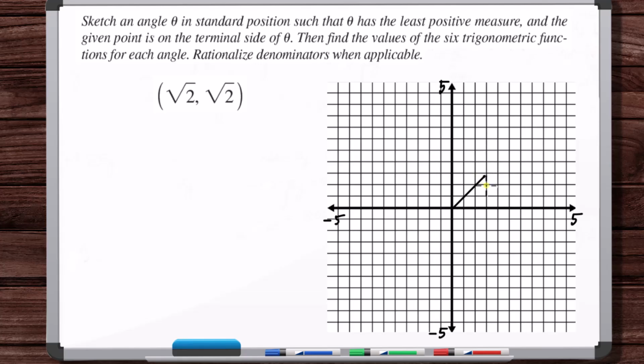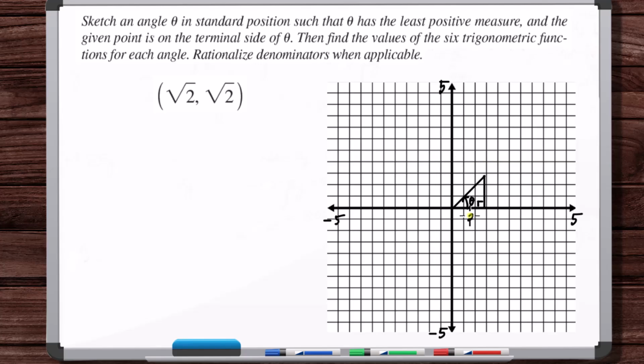Now we create a right triangle with the right angle in line with the horizontal. We're looking at this angle theta, and in this case the angle in the right triangle with vertex at the origin is the same as the angle we're evaluating. That's the case for acute angles.